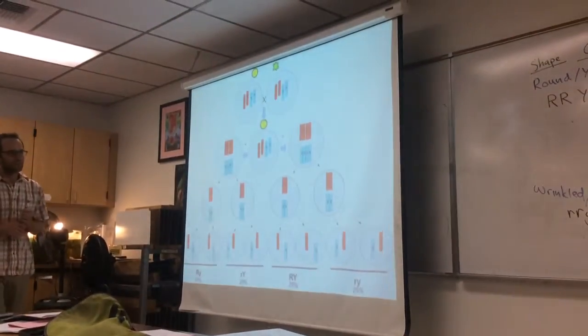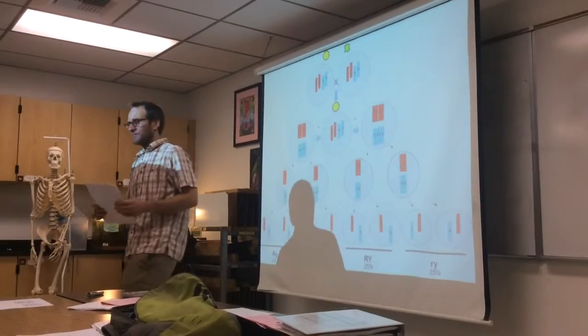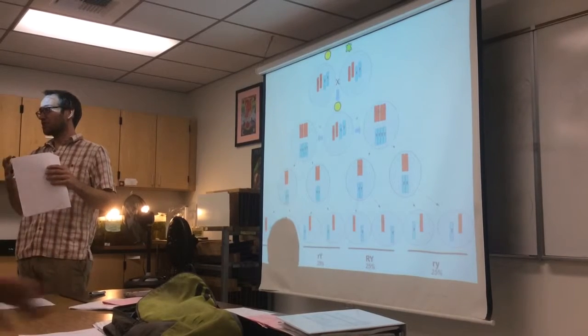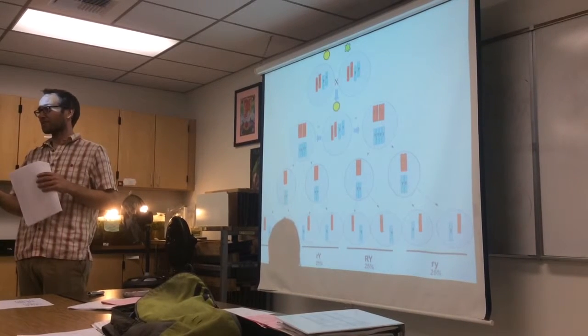So just to refresh your memory on what we're talking about: the goal is to figure out if the inheritance pattern of one gene affects the inheritance pattern of another.